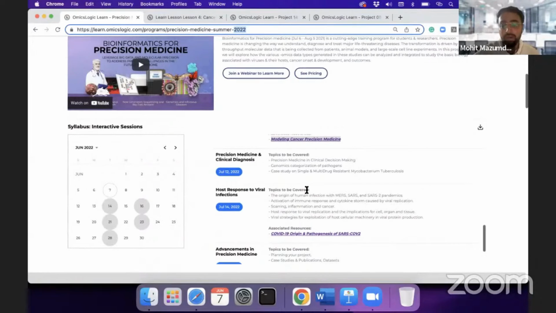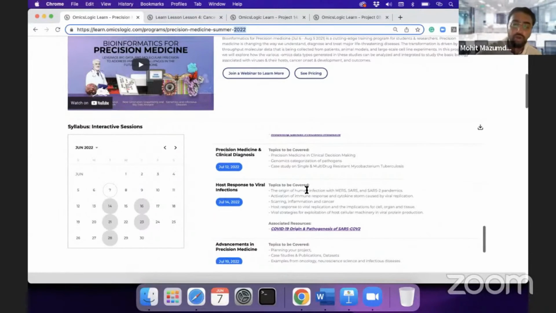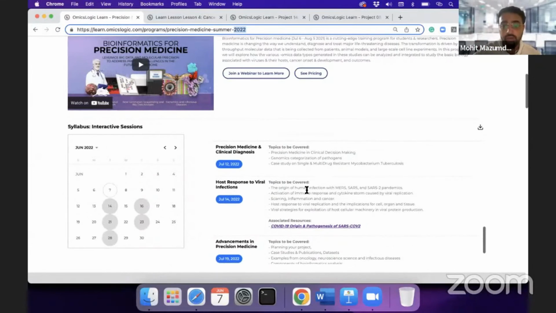So we'll be learning about different case studies here. We will be learning about how viruses and how bacteria, how pathogens are also causing some of the major diseases which we were not able to correlate before without the analysis of big data. But with the help of different types of big data, we've been able to analyze and correlate and understand how this plays a role in clinical diagnosis.